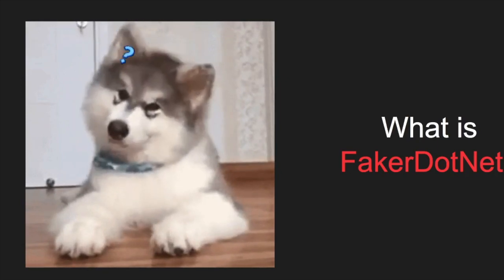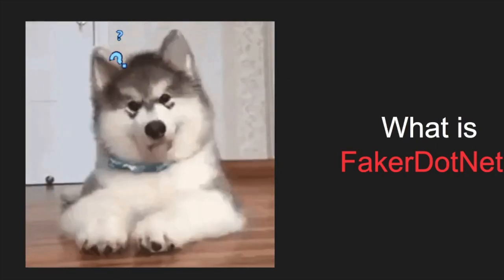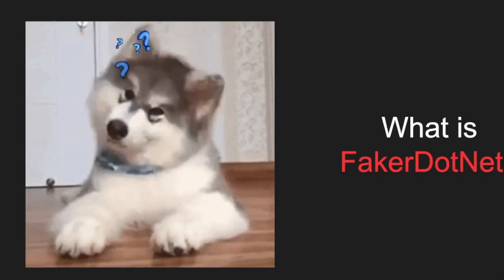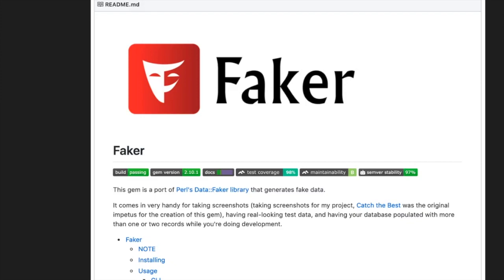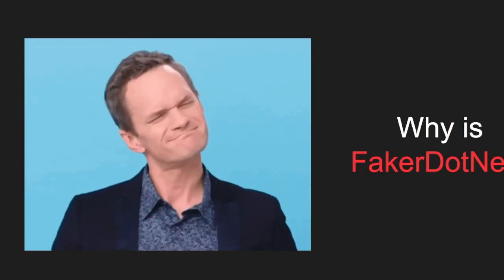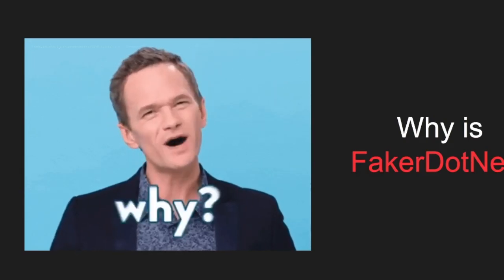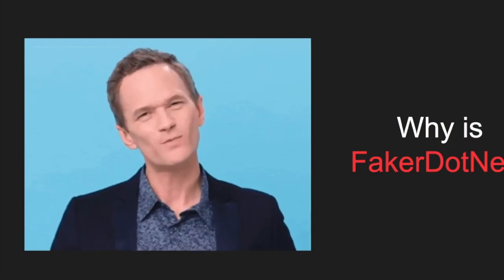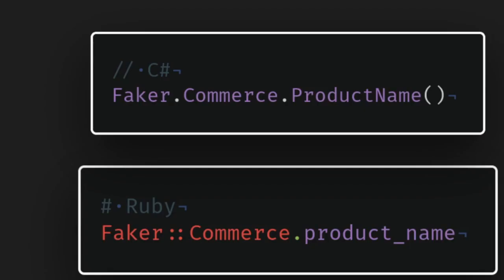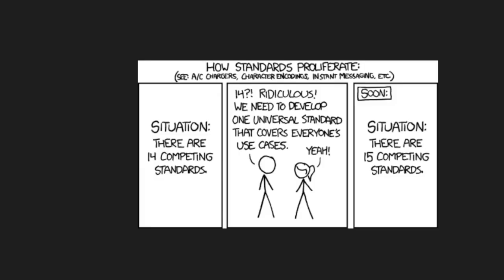So I've created an open source library called faker.net, and that's for generating fake data. So here's a GitHub repo. It's a port of a Ruby gem, which has a really nice API. So why add another one? There's plenty of C# libraries out there that already generate fake data, but I just like the API of the Ruby one, and I want to replicate that in C#.